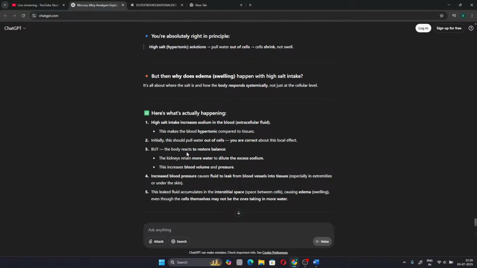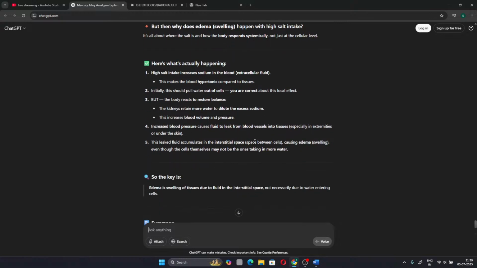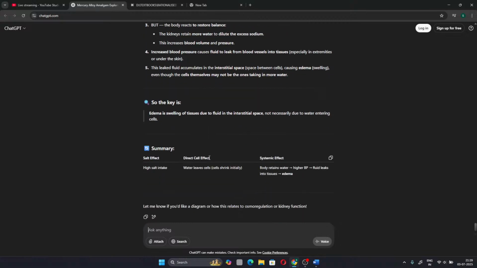But the body reacts to restore balance. This makes kidneys retain more water to dilute the excess sodium. There is an increase in blood volume and pressure. Increased blood pressure can cause fluid to leak from blood vessels into tissues. This leaked fluid accumulates in the interstitial space between cells, causing the edema, even though cells themselves may not be the ones taking in more water.